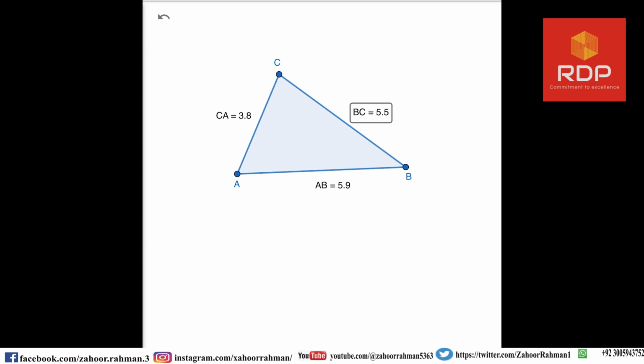Now let us move these outside so that we will concentrate on the triangle fully. Now we have to find the angles of this triangle. If we want to measure the angles, we have to select this, this, and this. So they are automatically giving us 64.8 degrees.